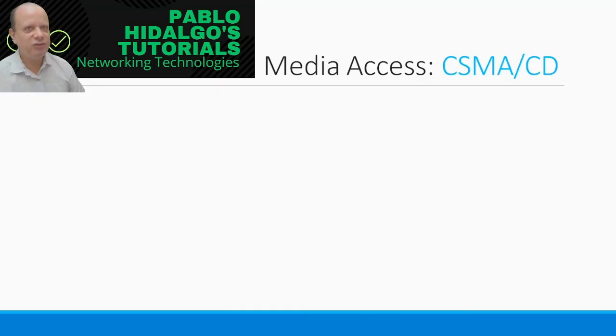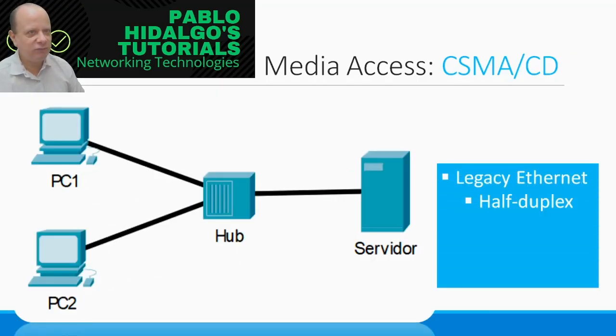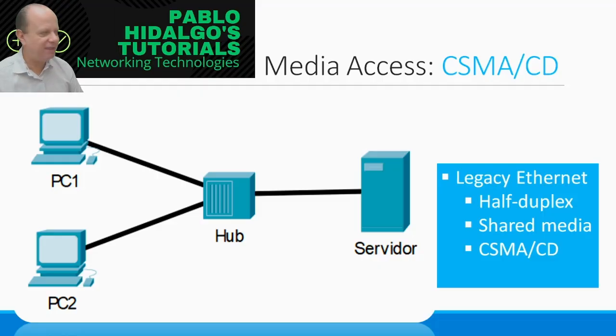Legacy Ethernet uses a bus topology, or hubs, in a shared half-duplex medium. Half-duplex allows only one device to send or receive at a time on the shared medium. Ethernet over a half-duplex medium uses a contention-based access method called Carrier Sense Multiple Access with Collision Detection, or CSMA/CD, to ensure that only one device is transmitting at a time.